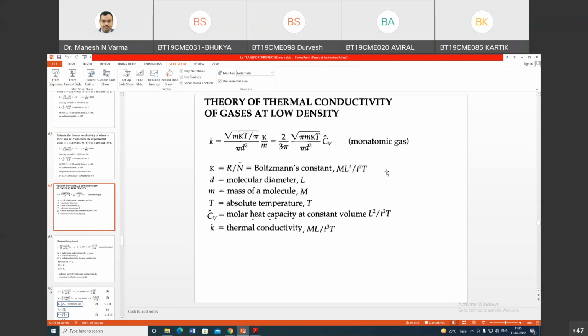Sir, but in molar heat also it is there. So molar heat, how will time come? It will come actually. Molar heat capacity at constant volume is L square T square. Sir, L is length and T is dimensionless time? Not dimensionless time. It is time.